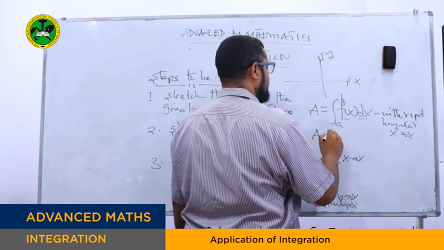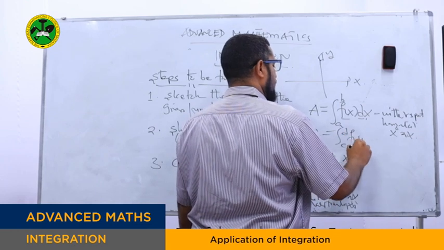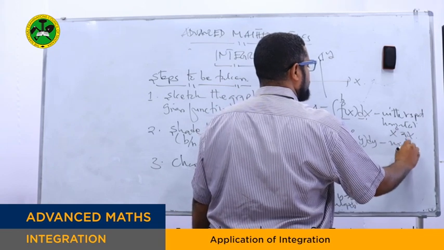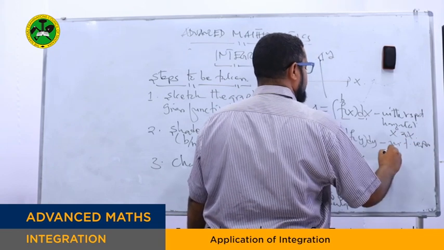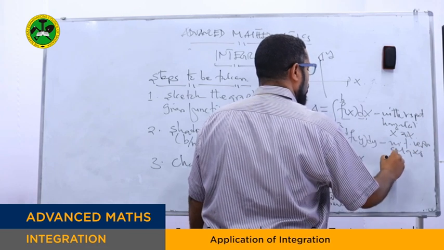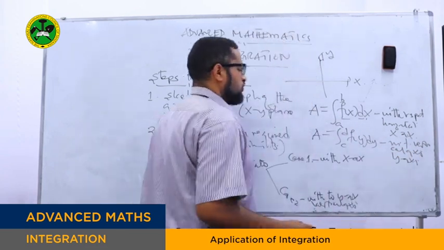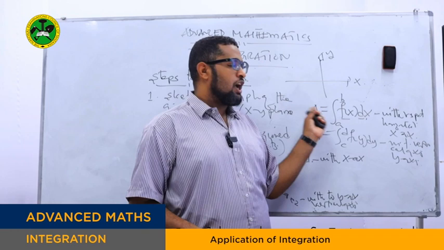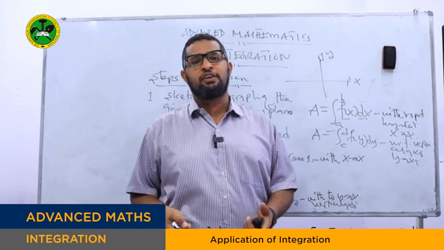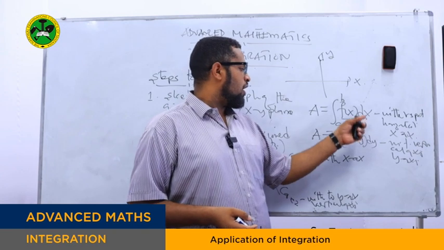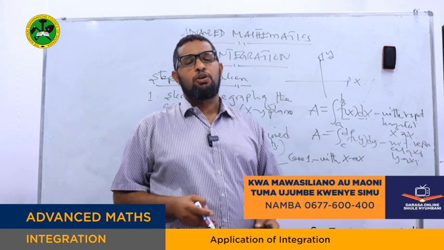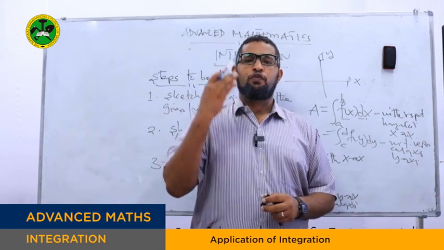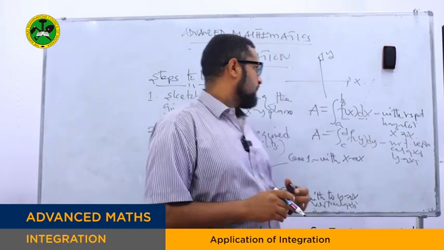The second one is the integral from c to d of f of y dy, with respect to the vertical axis or y-axis. The formulas express themselves: f of x dx, as we know, the horizontal axis is always named the x-axis, and f of y stands for the vertical axis. Now let's check some examples on how to find the area under a curve.